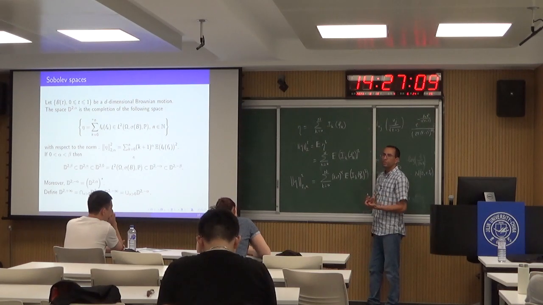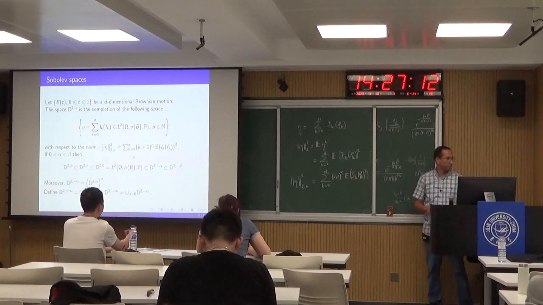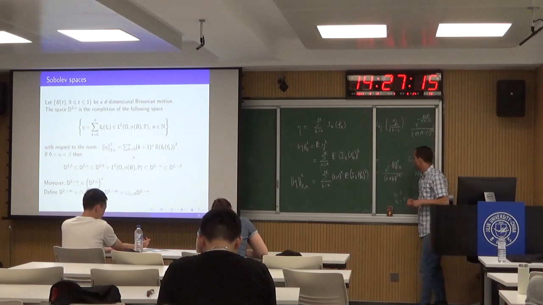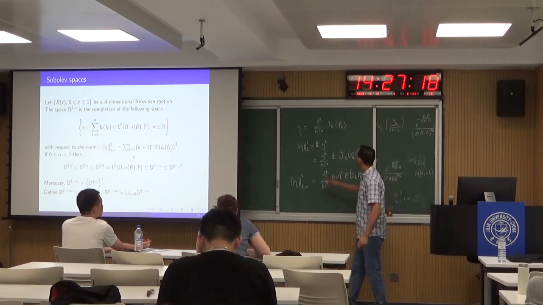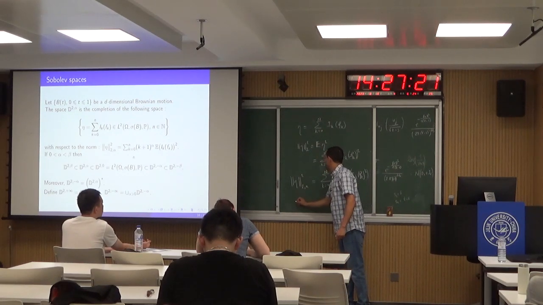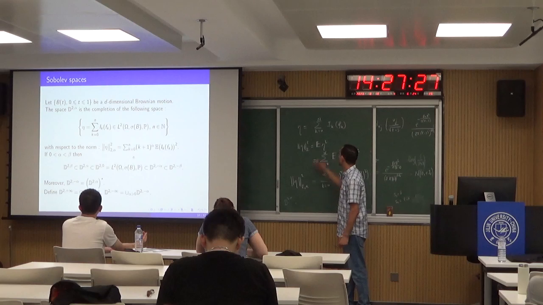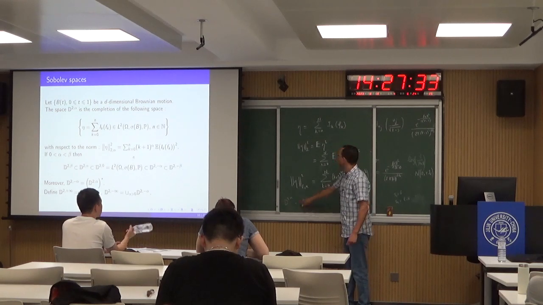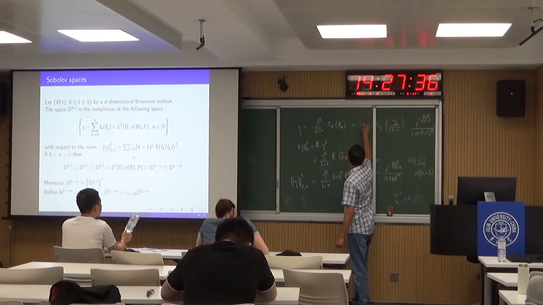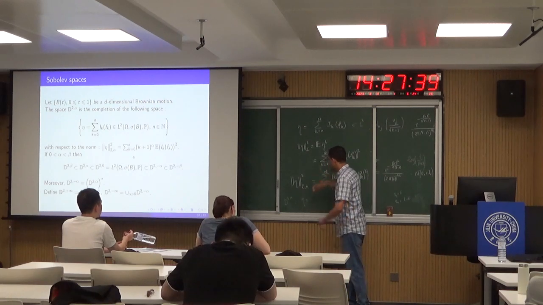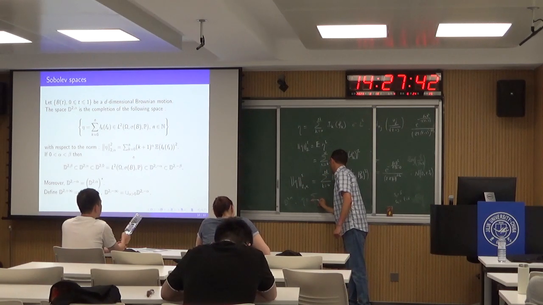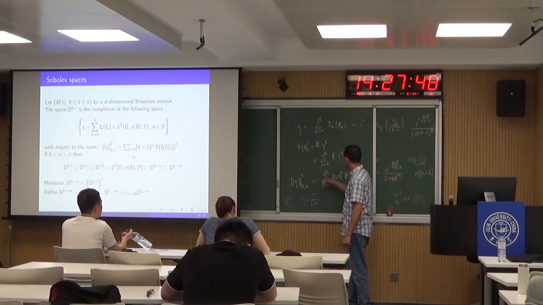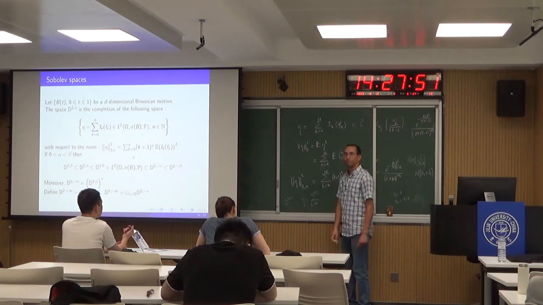But if we take the completion, what do we really get at the end? What we really get is the following. D2 alpha will contain elements that are not elements from L2, but I will denote them like this: all the possible sums from 0 to infinity of I_k of f_k.